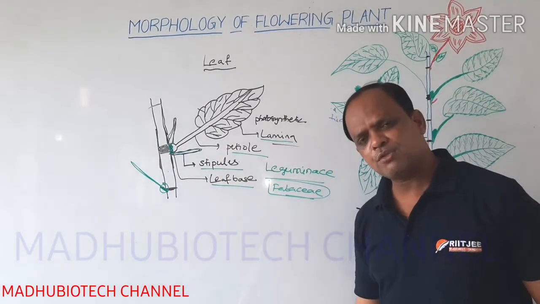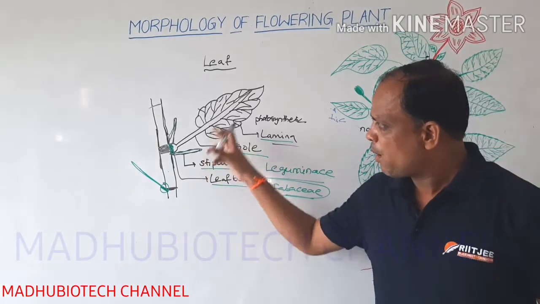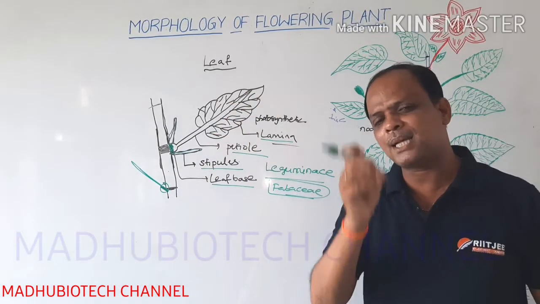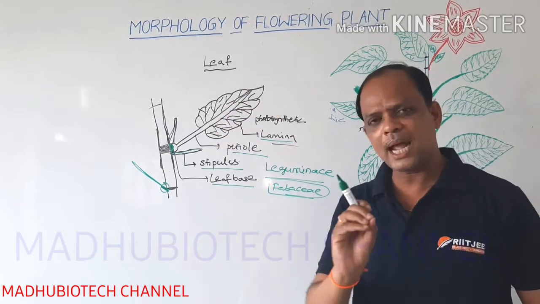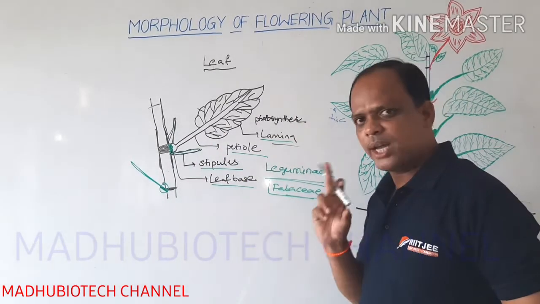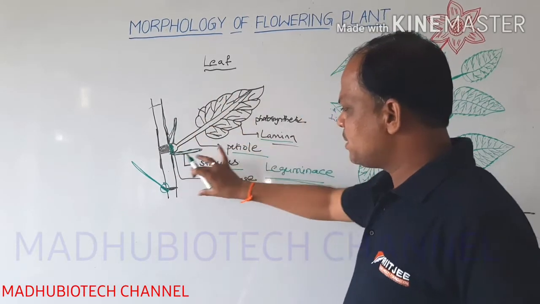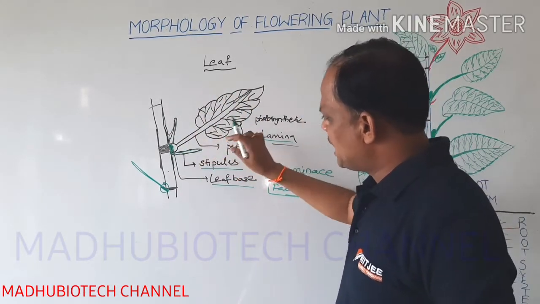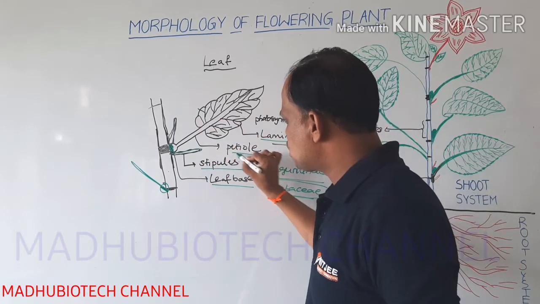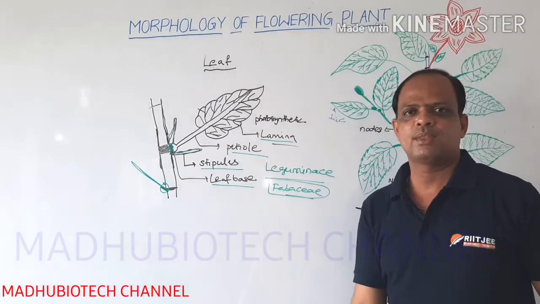What is the main function of stipules? They give protection when the leaf is in the bud stage. And a leaf on which stipules are present is called a stipulate leaf.